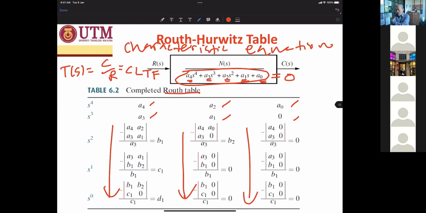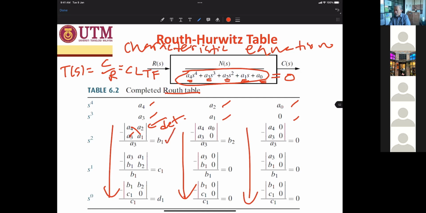This is known as a determinant, where you cross multiply: a4 times a1 minus a2 times a3, then negative, and divide by a3, and you get the value of b1.